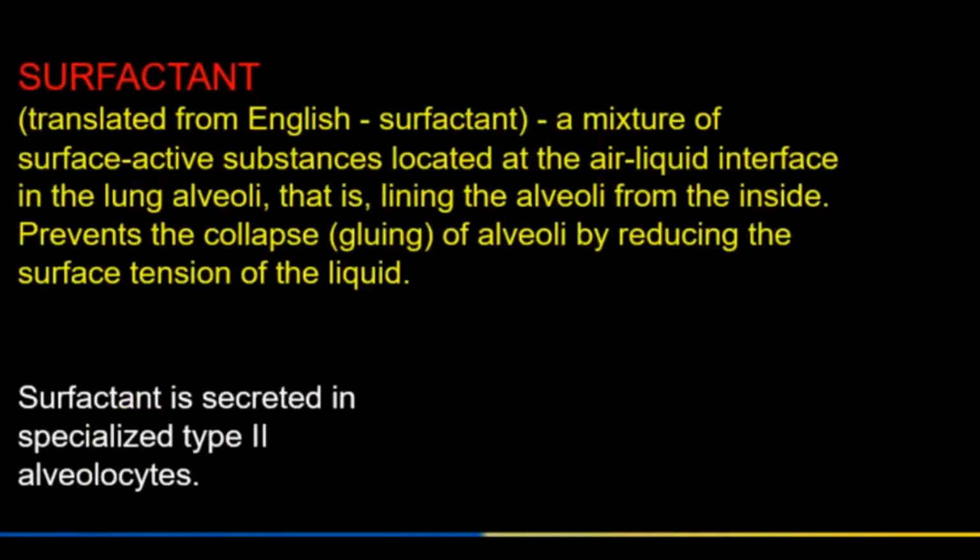And a replay about surfactant. Surfactant is secreted by specialized type 2 alveolocytes. Translated from English, surfactant is a mixture of surface active substances located at the air-liquid interface in the lung alveoli.